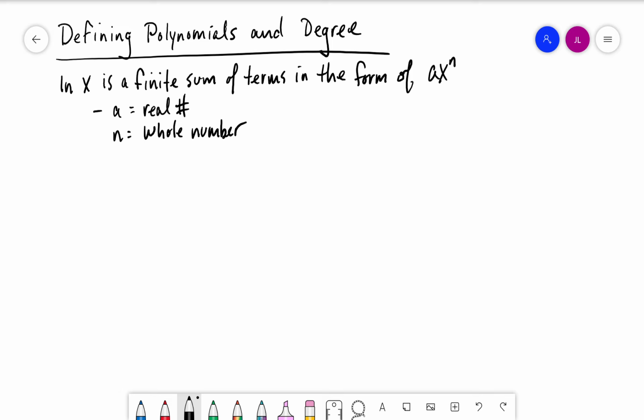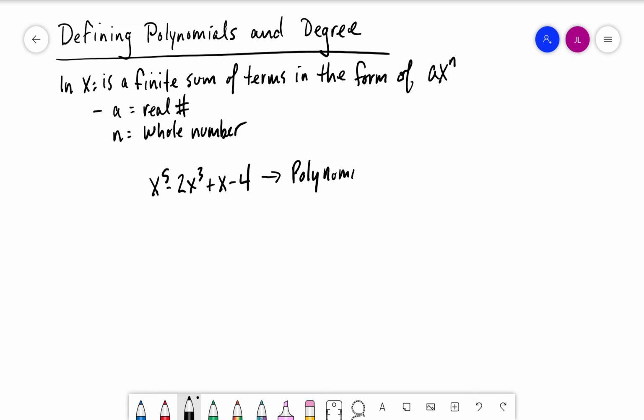So a polynomial in x, just because x is the most common variable, is a finite sum of terms in the form of a times x to the n. We could look at something like x to the fifth minus 2x cubed plus x minus 4. This is a polynomial.